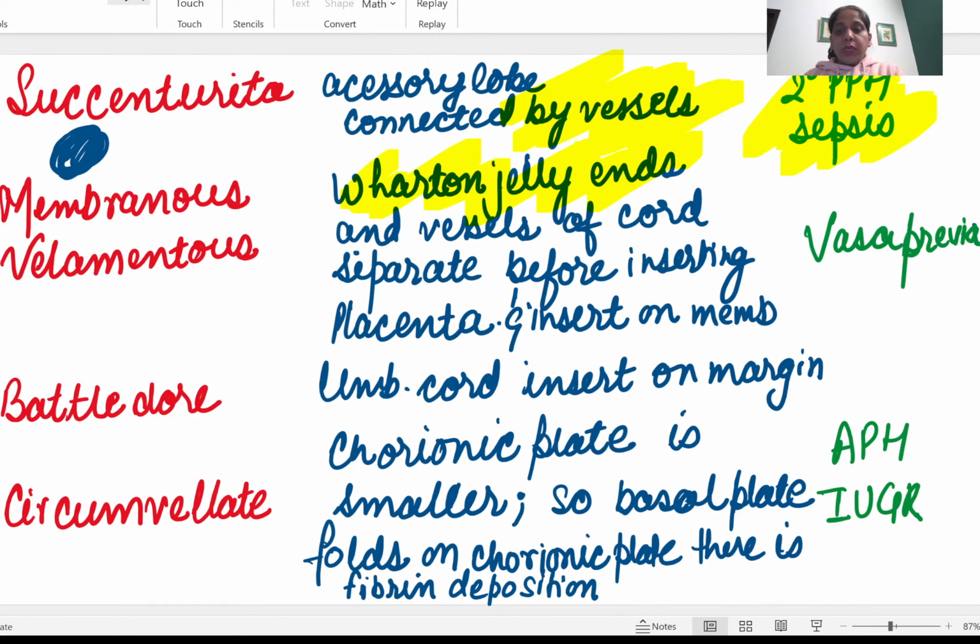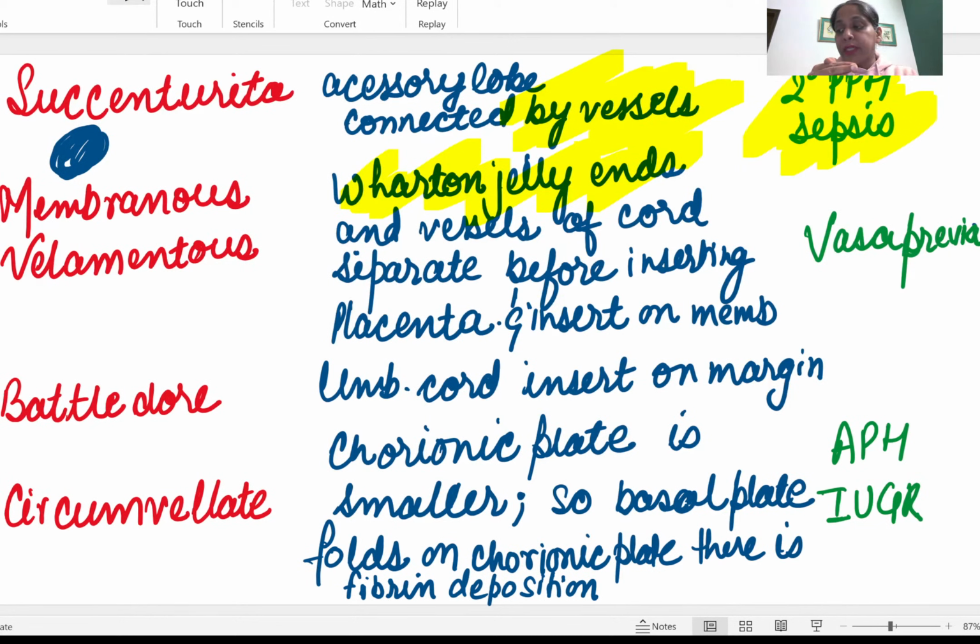Okay, so that's it here. What is it? The membranous placenta. Here I would like to tell you that we were discussing that the umbilical cord has three vessels. If instead of two arteries, one artery is present, though it is a very rare situation, the presence of one artery indicates very high chances of congenital anomalies.